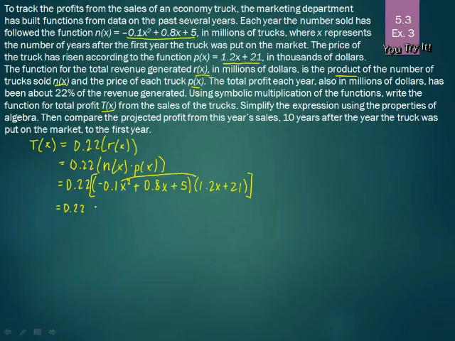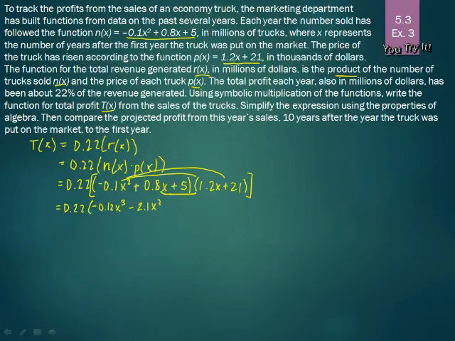Negative 1/10 times 1 2/10 is negative 12 hundredths x cubed, since it's x squared times x. Negative 1/10 times 21 would be minus 2 and 1/10 x squared.